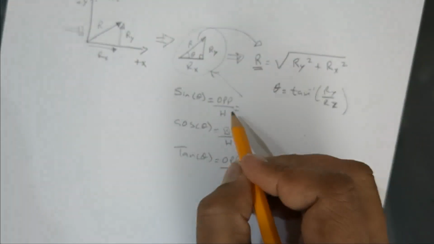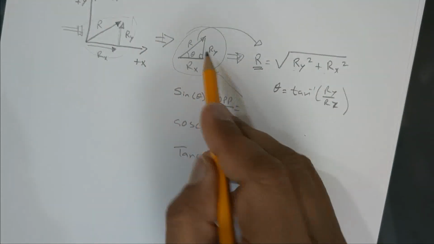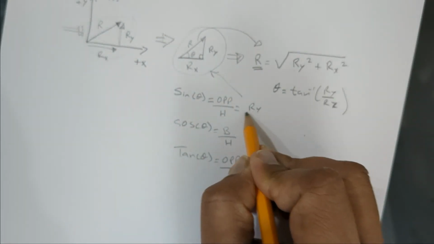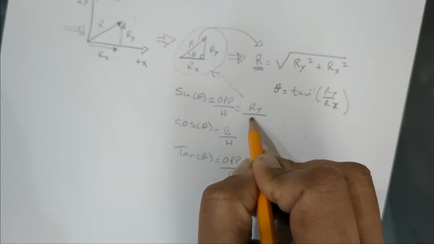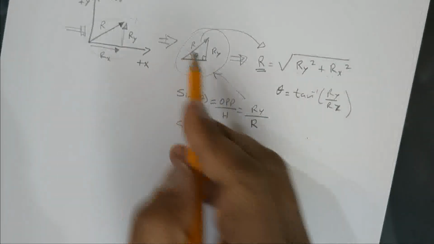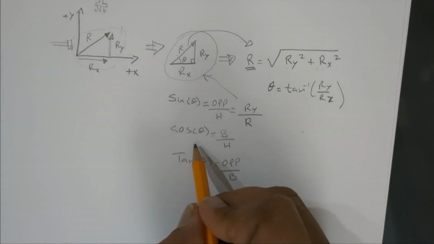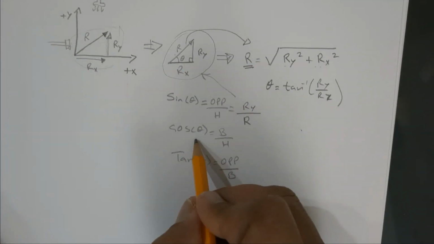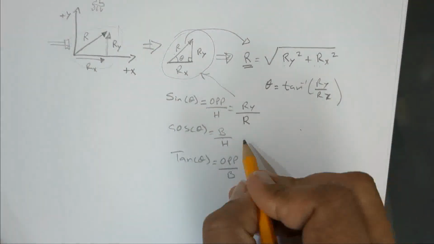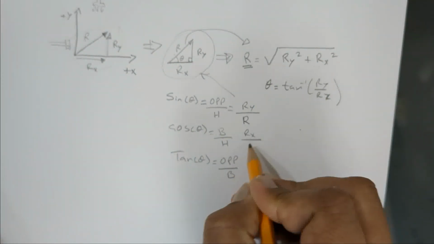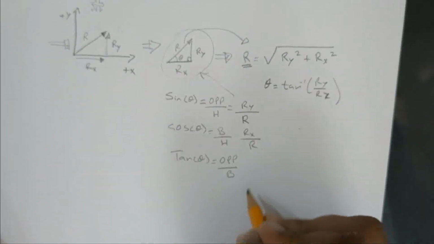So in this case, if you just use this, which is sine theta, so theta is here, the opposite side is Ry, and the hypotenuse is R, right? And then cosine theta, the base is basically Rx, so that's Rx over R, right?